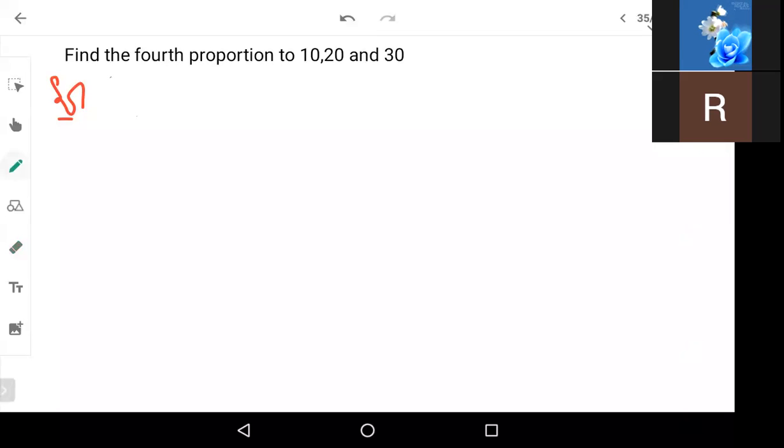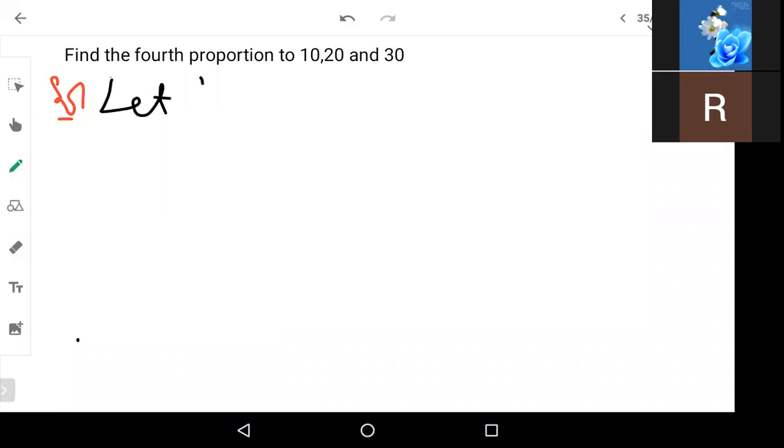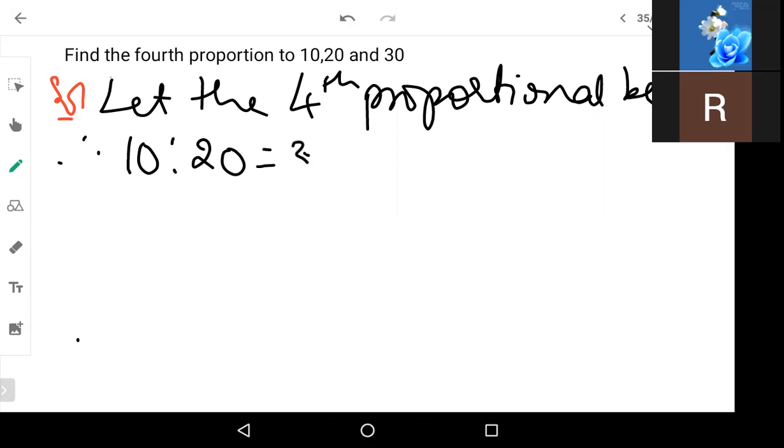So let the fourth proportional be x. Therefore, 10 is to 20 is equal to 30 is to x is in proportion.